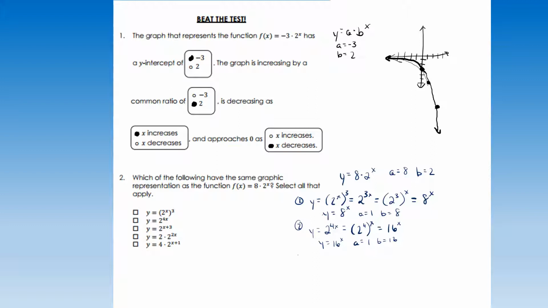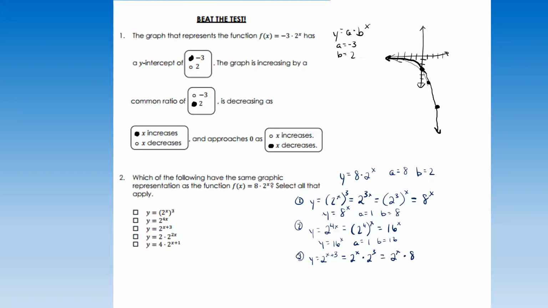All right, we look at the next one, number 3 here. We've got y equals 2 to the x plus 3. Since the exponent is being added here, that tells me that before I was multiplying two powers with the same base. 2 to the x times 2 to the third could be combined as 2 to the x plus 3. So if I simplify, 2 to the third is 8.